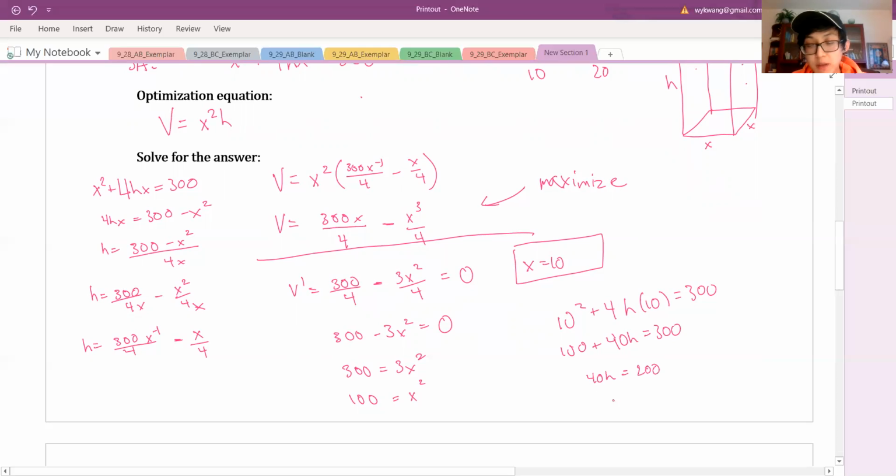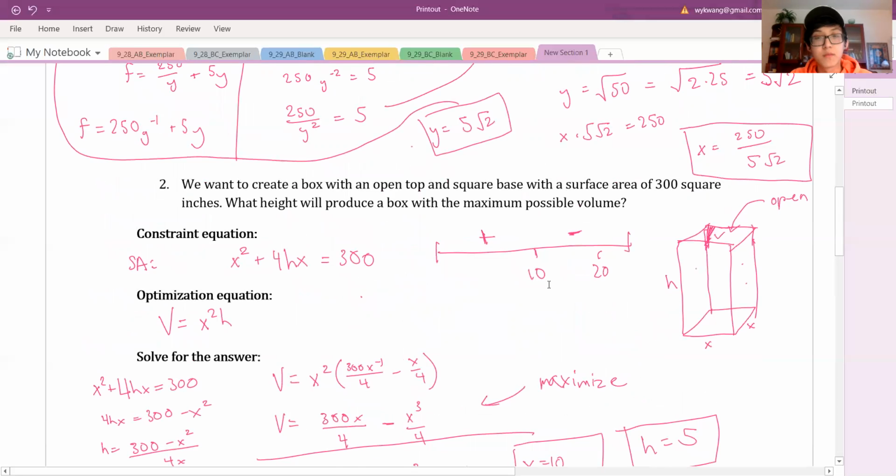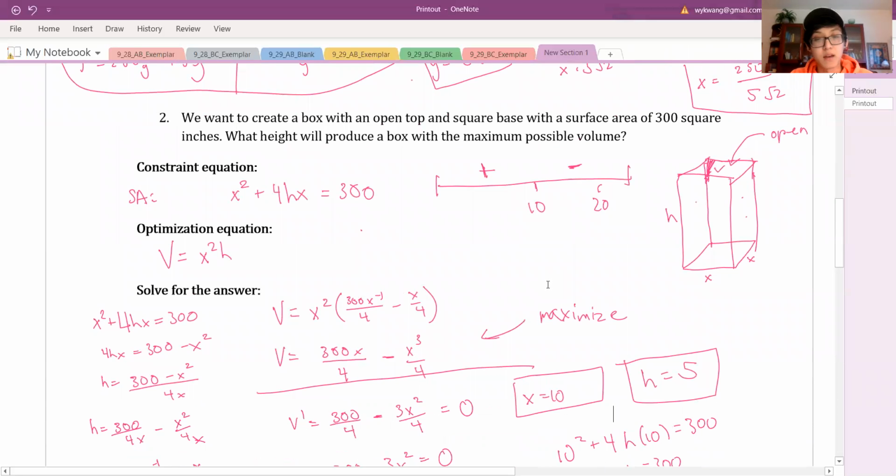We're going to divide both sides by 40. So h is equal to 200 over 40, which is equal to 5. So h is equal to 5 to get the maximum possible volume.